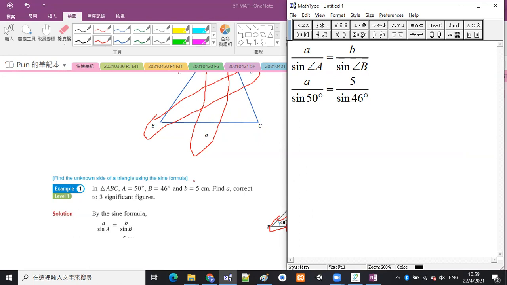Can you see this? Among the four unknowns, we have already got 3. Then from this equation, we will calculate the value of A.